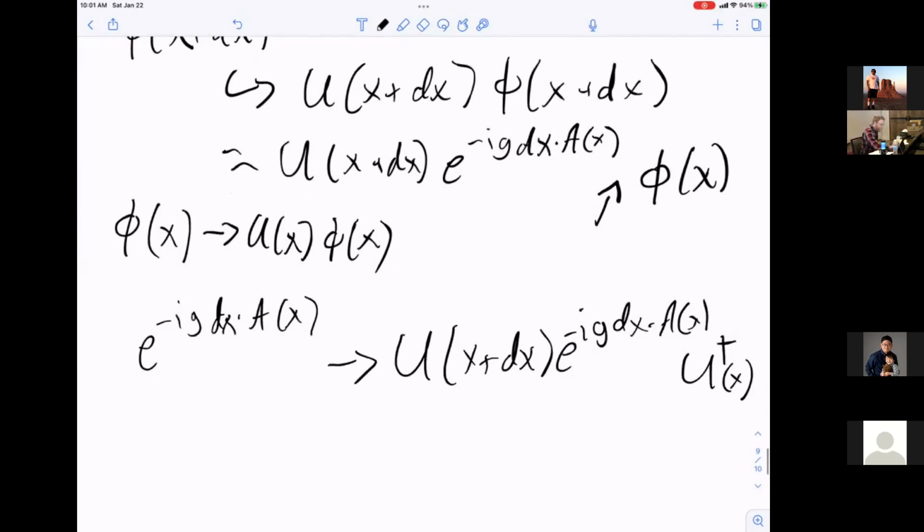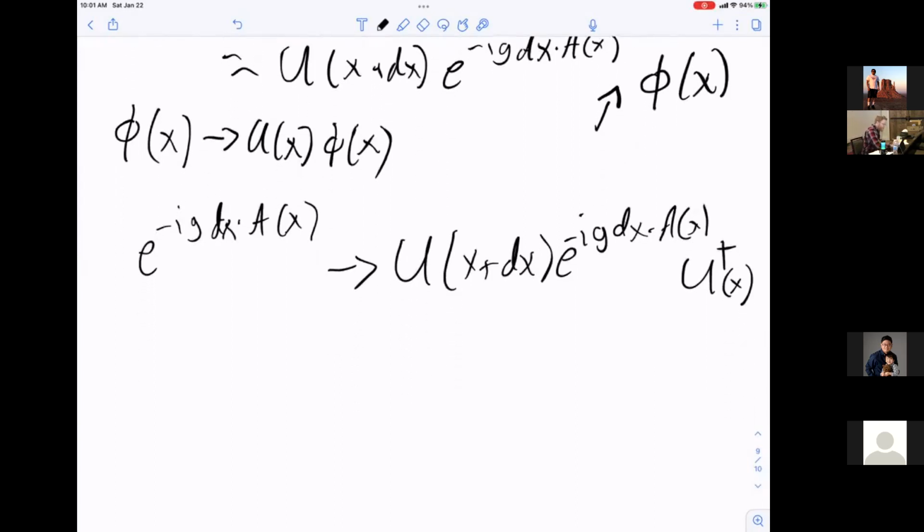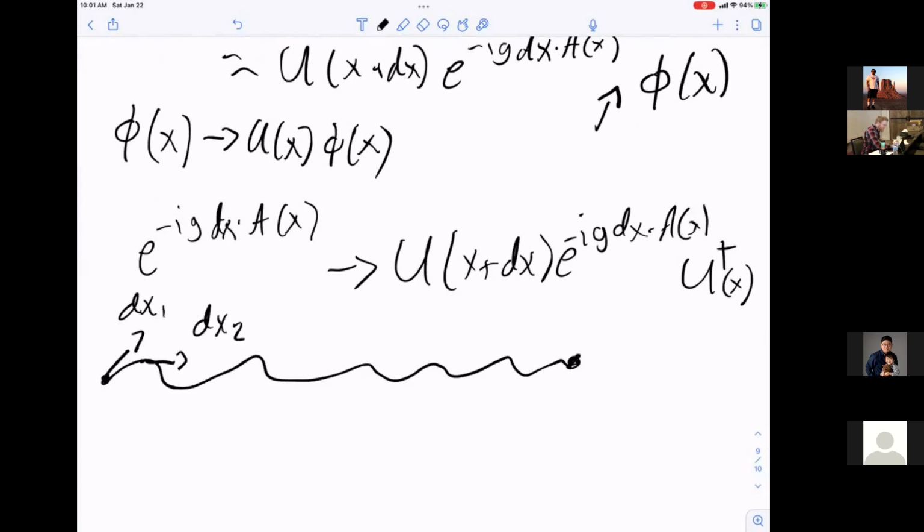Now, what do I do? Well, I want to move a long distance. So I write down a whole bunch of these. And the reason why I did it this way is to motivate why there's going to be a path order.